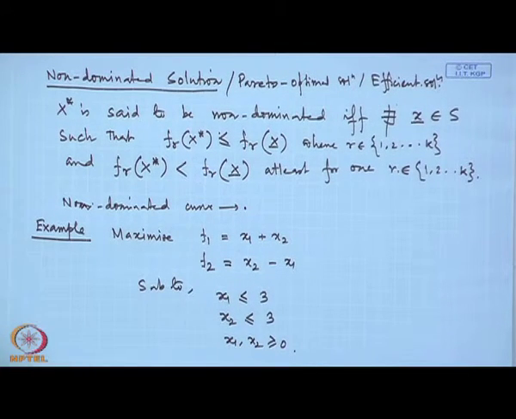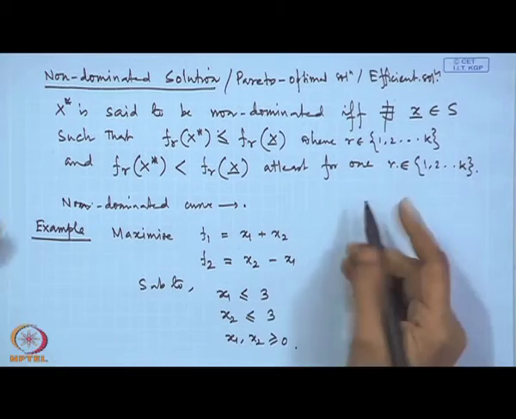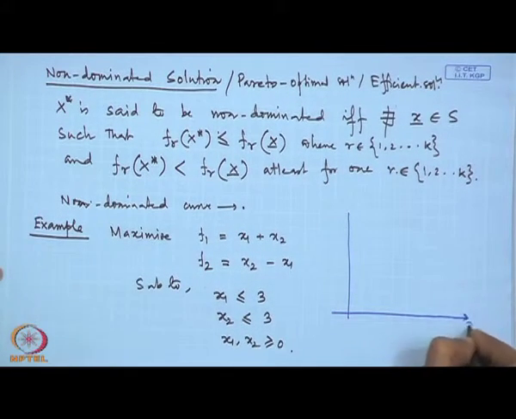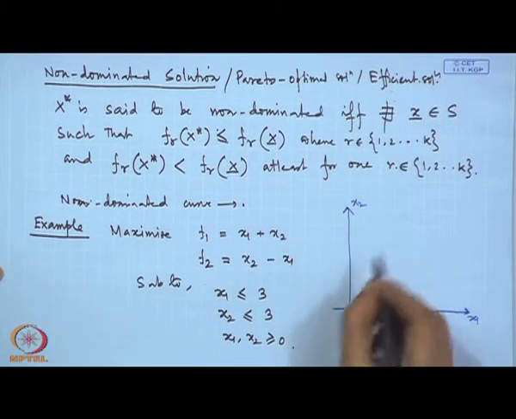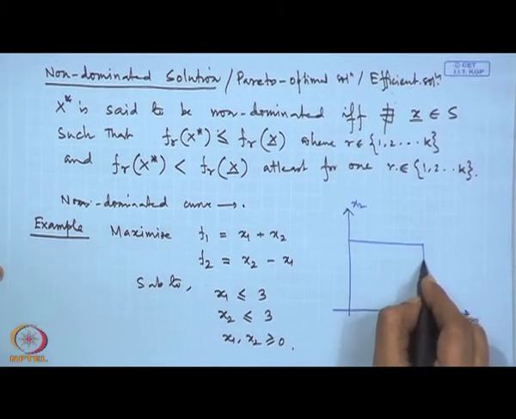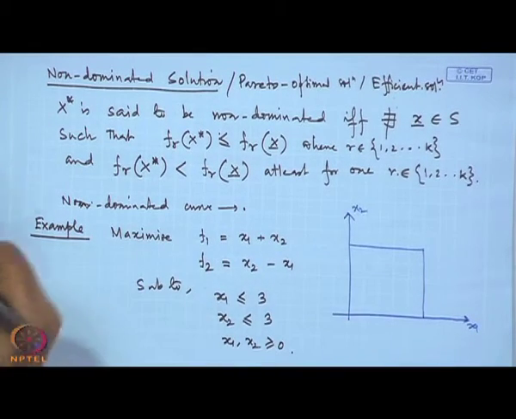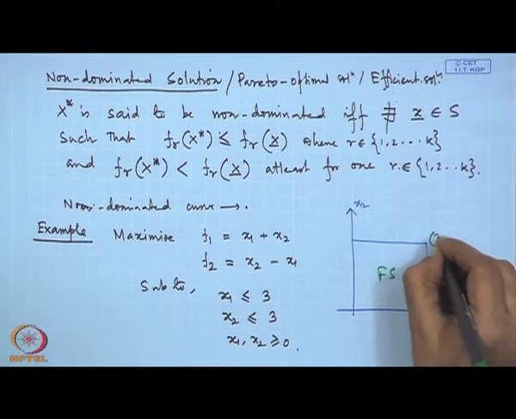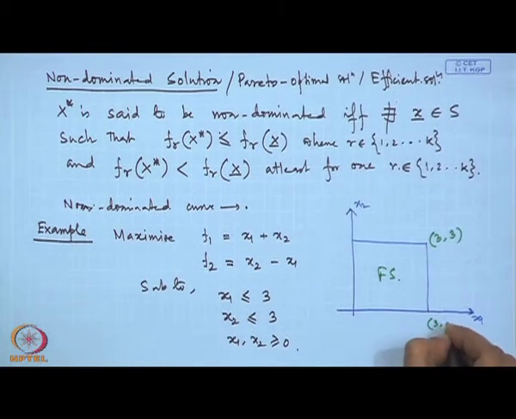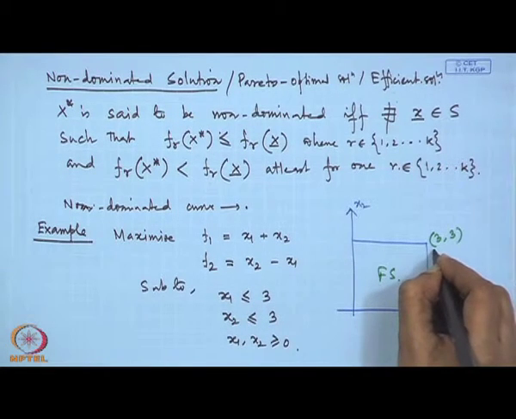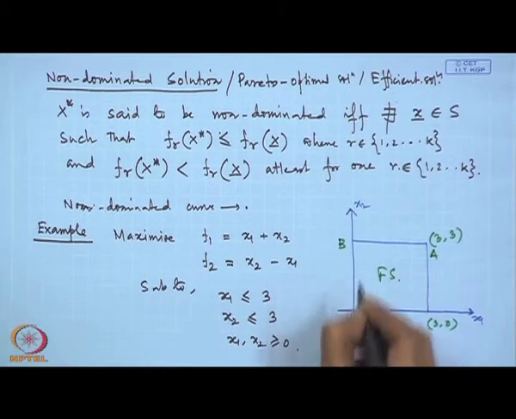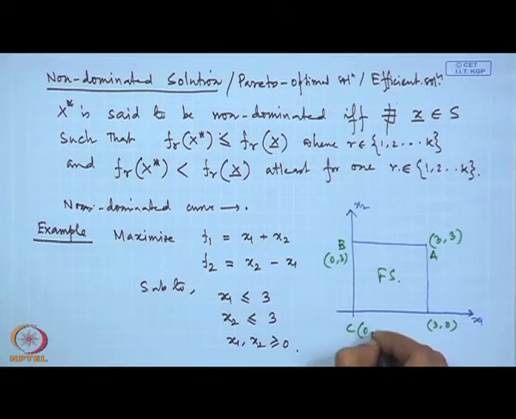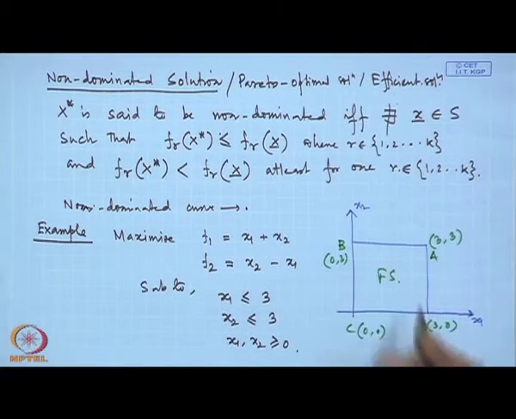x1, x2 >= 0. If I draw the curve for this, to see what the feasible space is, we will see that this is the feasible space, where the points are (3, 3), (3, 0), say this is A, B, say this is D, and this is the whole feasible space.